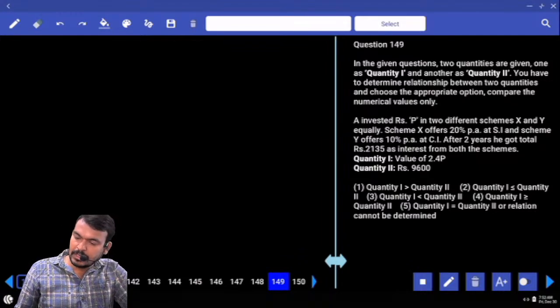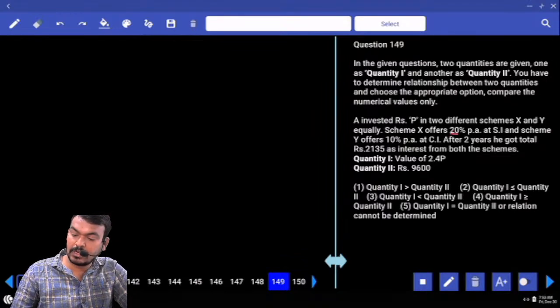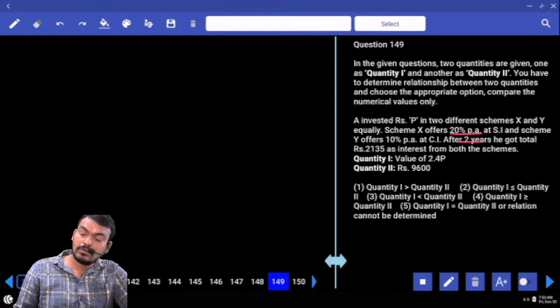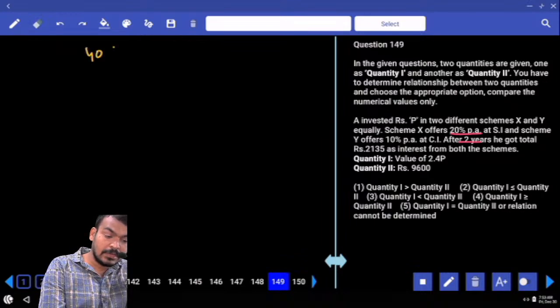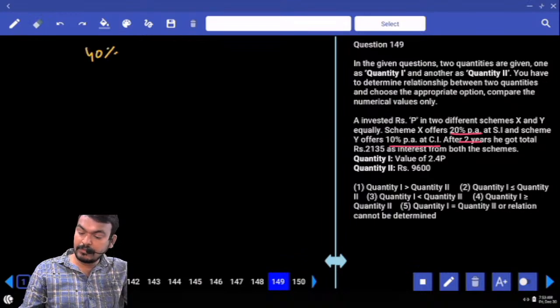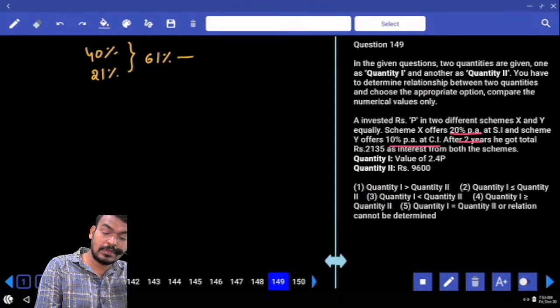Both are invested with equal amounts. First rate is 20% for 2 years, so the interest is 40%. Second, 10% for 2 years, compound interest is 21%. Total interest is 61%.